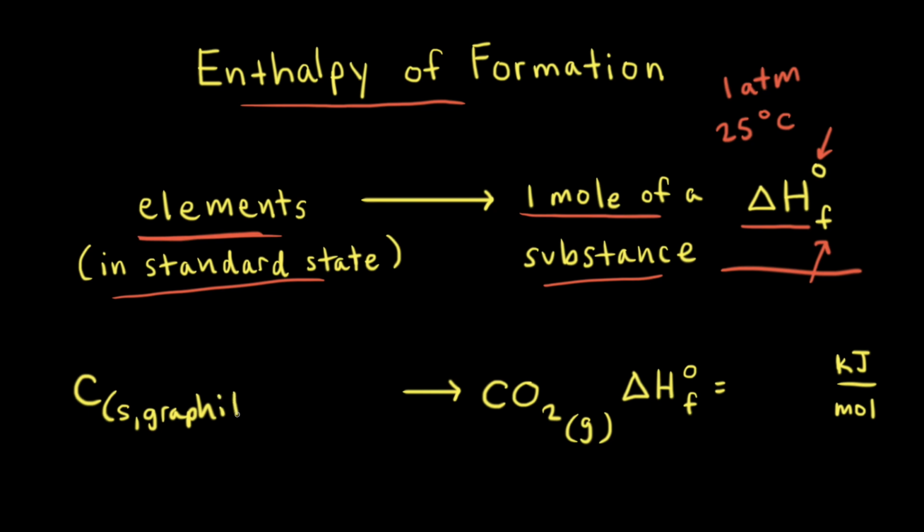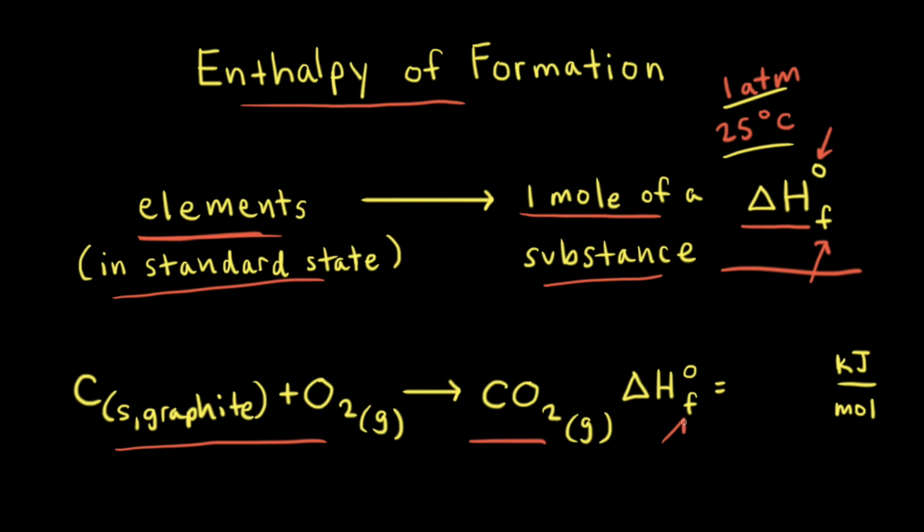And next, when you think about the most stable form of oxygen under standard conditions, at 1 atmosphere, so atmospheric pressure and room temperature of 25 degrees Celsius, the most stable form of oxygen is oxygen gas. So we can go ahead and write in here O2. And since we're forming 1 mole of carbon dioxide from the elements that make up carbon dioxide in their most stable form under standard conditions, the change in enthalpy for this would be the standard enthalpy of formation.